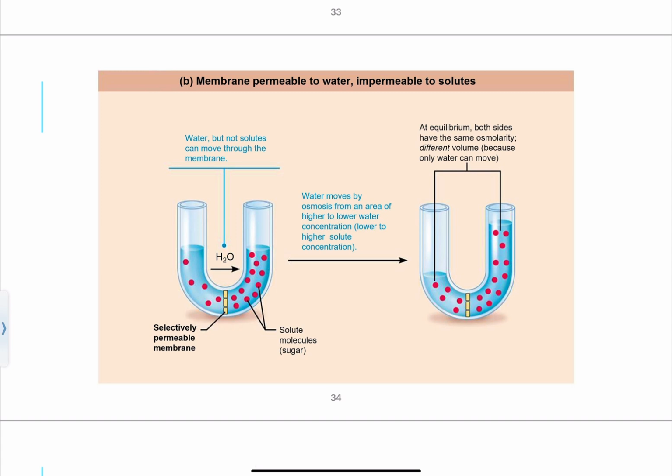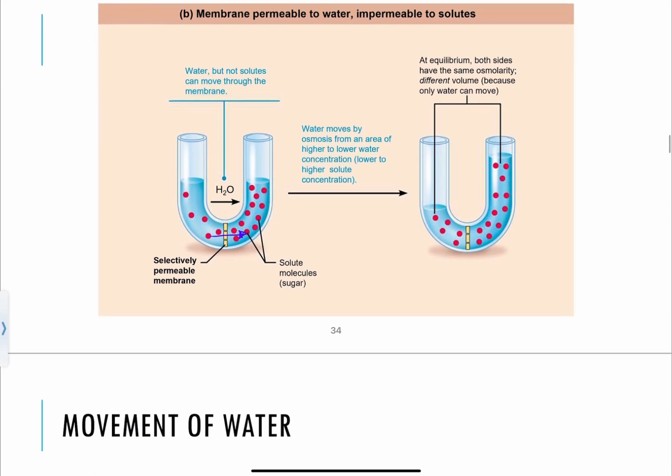So that's exactly what's going to happen: water moves to the area of higher solute concentration, so it would move in this direction. Again, the whole purpose is that if we flood this side with water and increase the amount of water, we dilute it so that we have equal concentrations on both sides of the membrane. So that's how water moves.